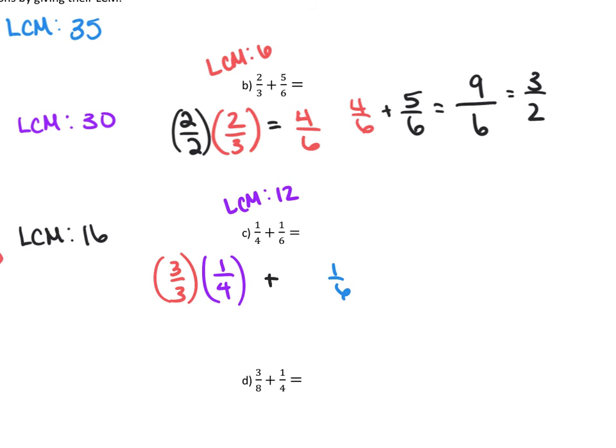I need to multiply that by 2 over 2. And again, that's because I want that 6 to be a 12 now. So when I do that, I get 3 times 1 is 3, so that's 3/12. Plus 2 times 1 is 2, so that's 2/12. Common denominator is 12 now. 3 plus 2 is 5, so that's just 5/12.